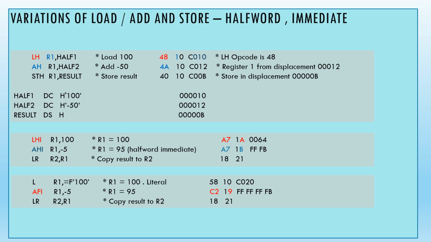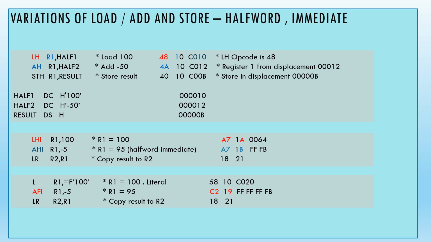So what it has done is 10, and it said off1. Where is this off1? Off1 is at a distance of 010, and from where? We said base register 12. 12 in hexadecimal is C. So from C, at a distance of 010, your off1 is stored. That is what it is telling.